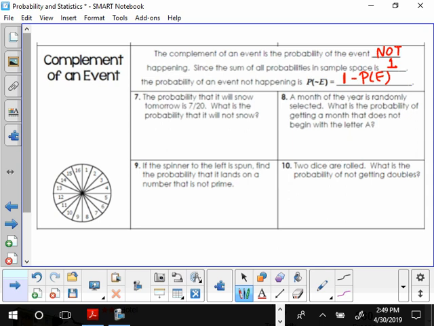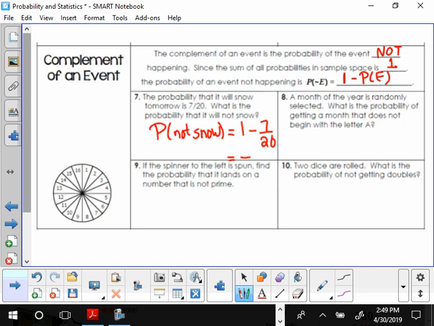Okay, number 7, the probability that it will snow tomorrow is 7/20. What is the probability that it will not snow? Good. I heard someone say the answer, but to set it up, I do 1 minus the probability of it snowing. Lots of different ways to get that number. Here's how I would do 1 minus 7/20. I know I need both to have a denominator of 20.